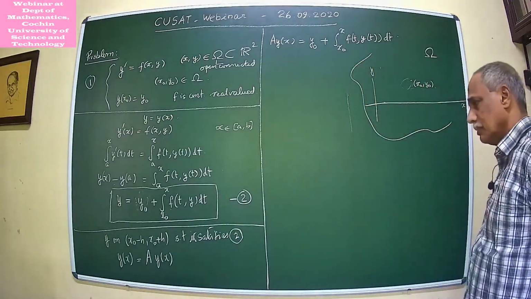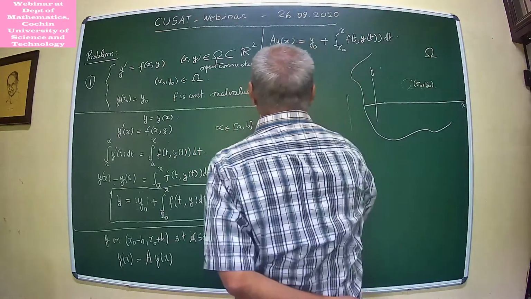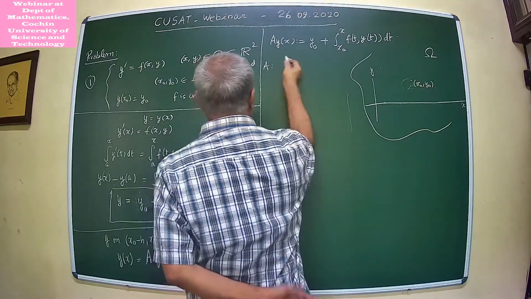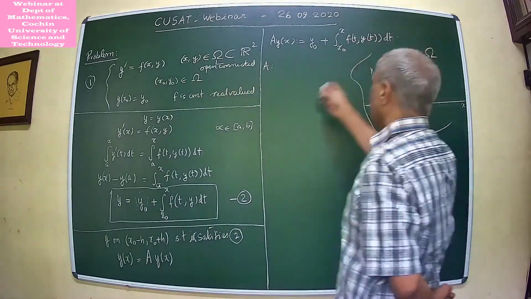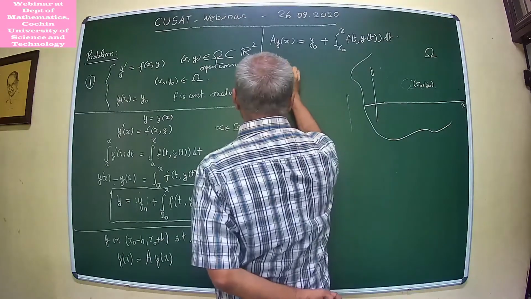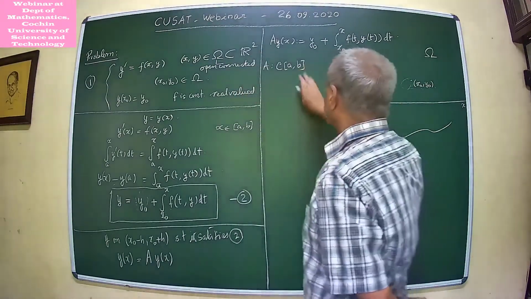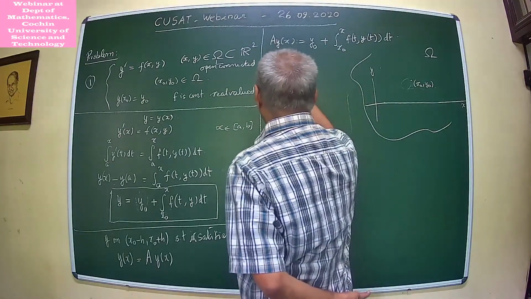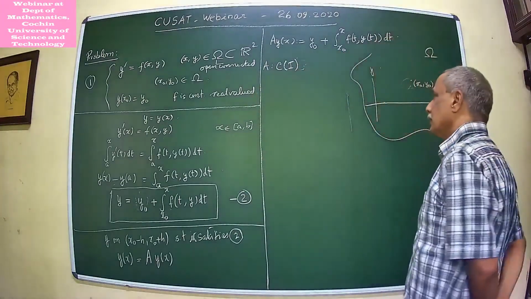Therefore, we have now an operator A that maps a certain class of functions, let me call this some C of I, some continuous functions on some interval I. Let me write that. I will be more specific on this interval.